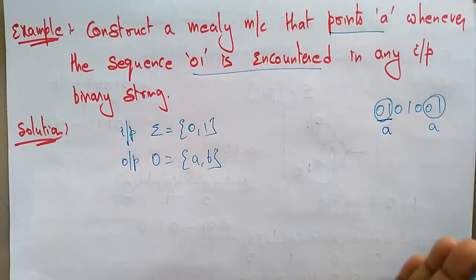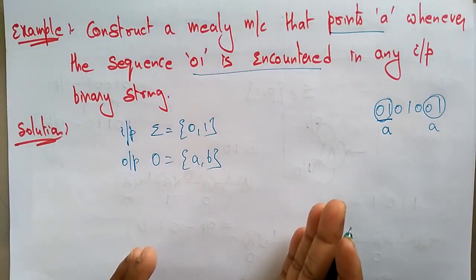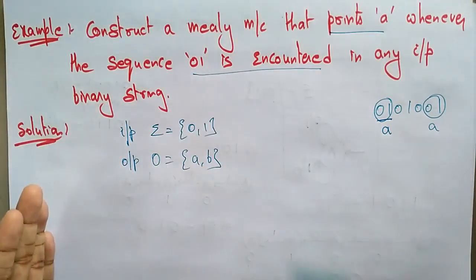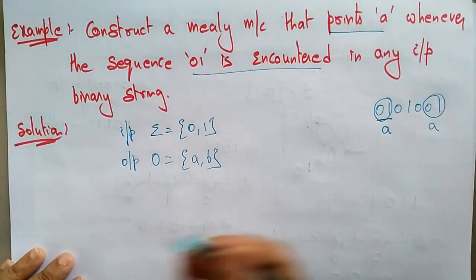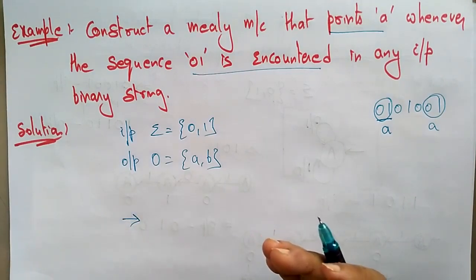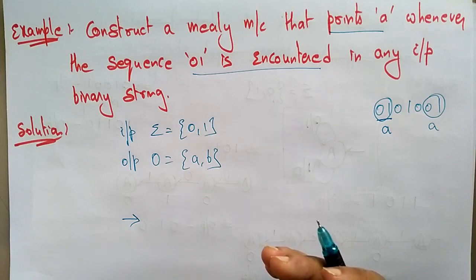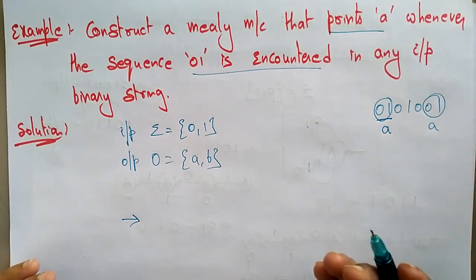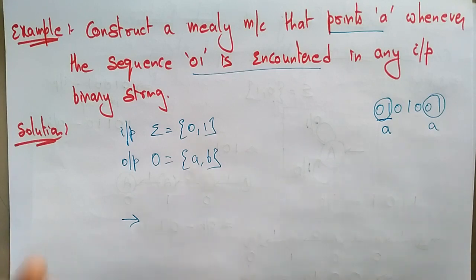The total here is 2 characters, so according to our concept, the total number of states is 3. The length is 2, the number of states is length plus 1.